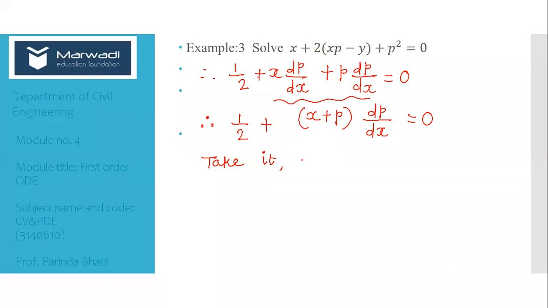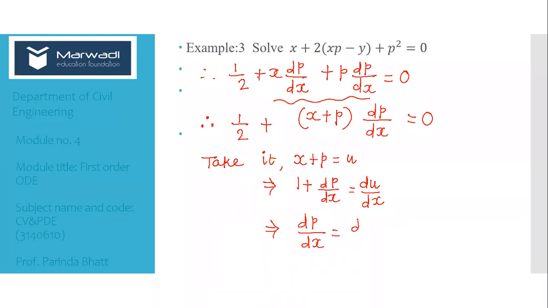Now take x plus p equal to u. Okay. Now differentiate both the sides. 1 plus dp by dx equal to du by dx. Therefore, value of the dp by dx is du by dx minus 1.